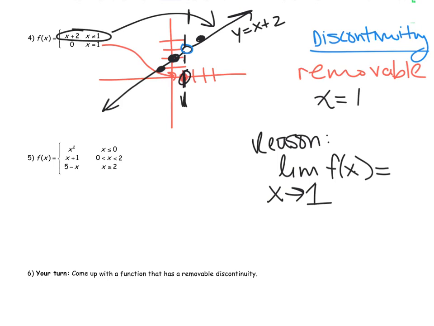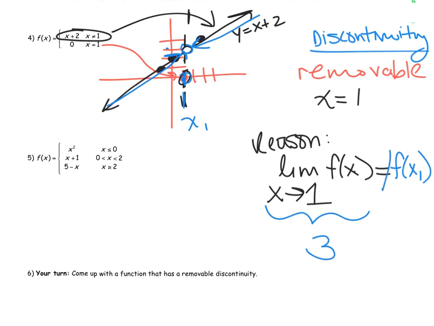If I call this right here my x equals 1, and I'm taking the limit of f of x as x approaches 1, I'm approaching a y value of, let's see, 1, 2, 3. So this is approaching a y value of 3, which is not equal to f of 1. When x equals 1, my y value is 0. So this here is equal to 0. 3 doesn't equal 0, which is why this fails being continuous.